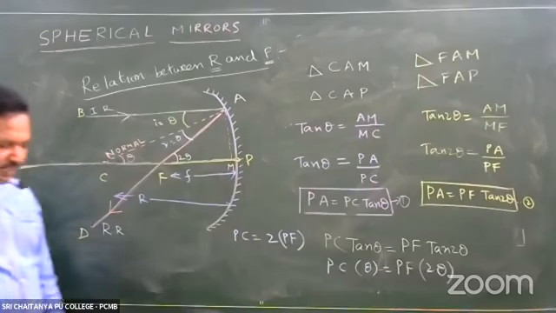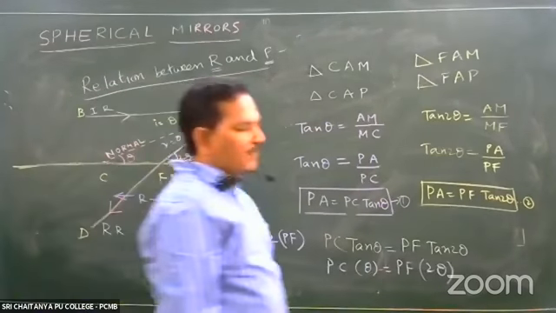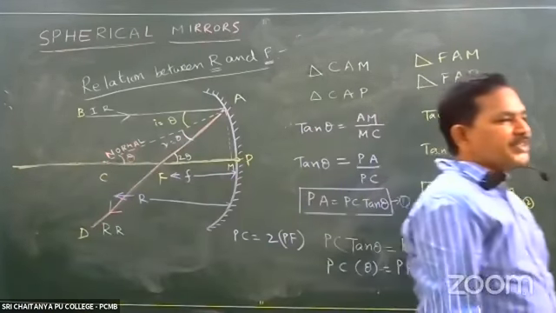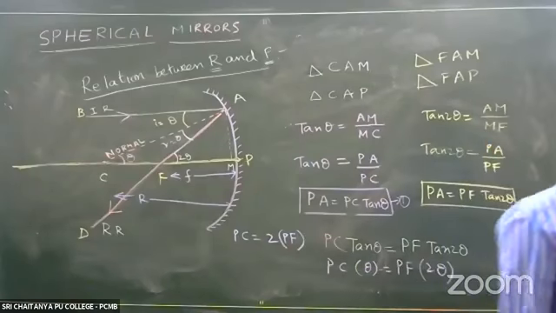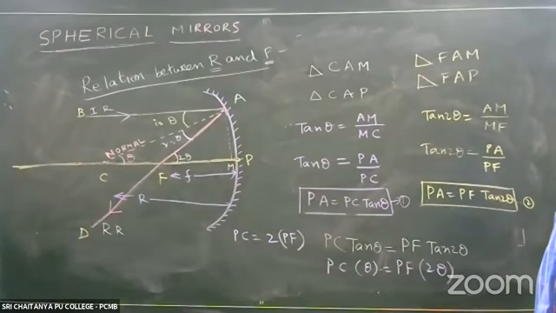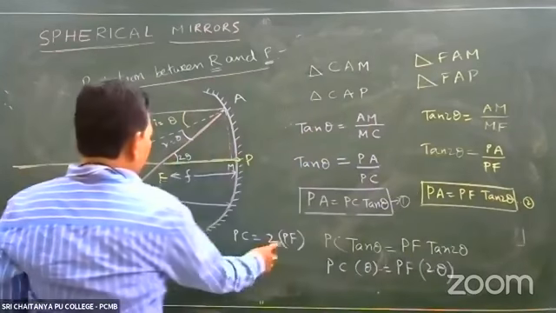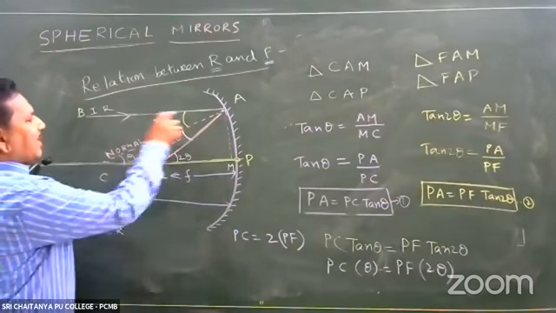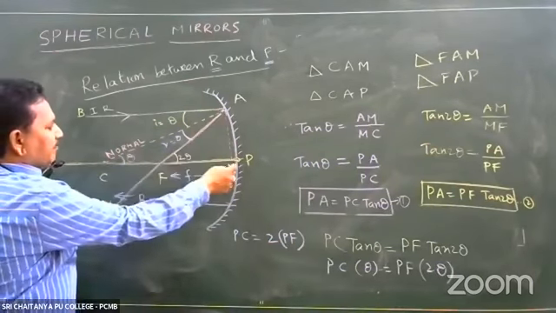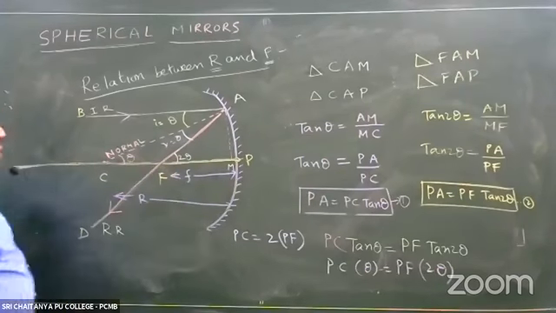In the direction of the light ray, if distances are measured, they are taken as positive. Opposite to the direction of the light ray, distances are taken as negative. Light ray is falling like this, but we are measuring in the opposite direction.